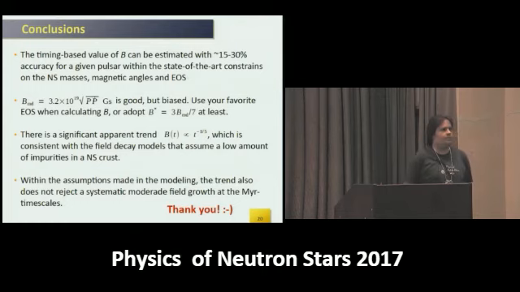People make models with fallback accretion, then the field pops back out, etc. Is that allowed? I think yes, but I'm not sure how big breaking indices can be explained by such field growth. And in any case, there are a lot of pulsars with negative breaking indices, which I think cannot be explained by this effect.